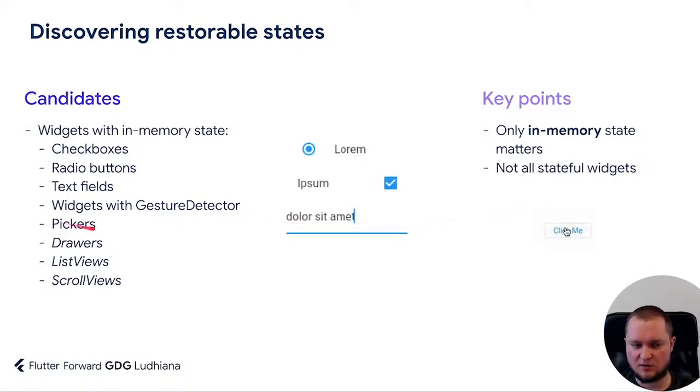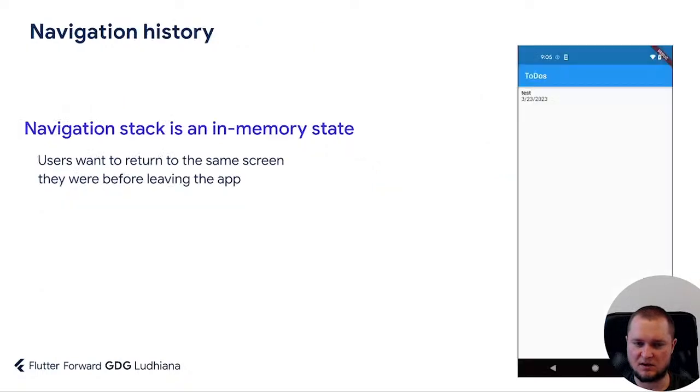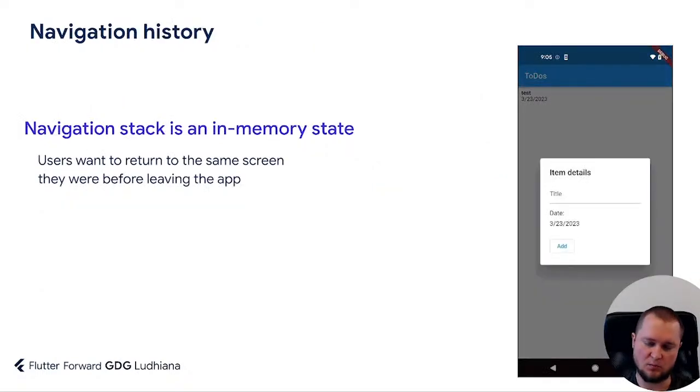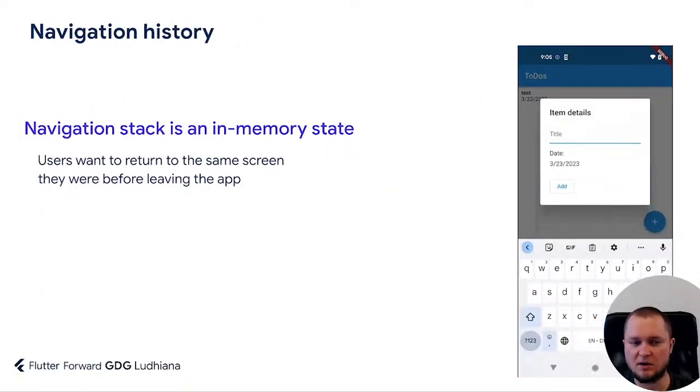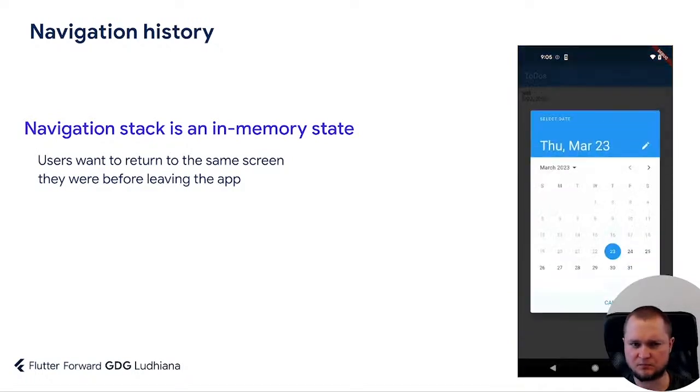And also in the case of pickers like date pickers, time pickers, photo pickers from the gallery, not only does the picker itself have a state, but the picked photo or picked item, until it is saved or used somehow, is also a state. And one important thing, the navigation history is also a state.